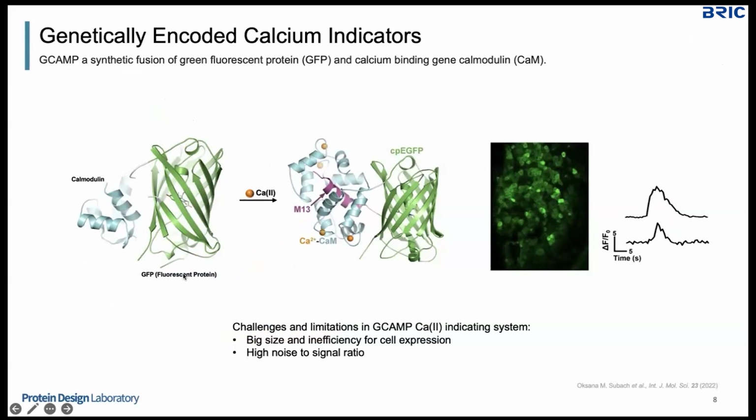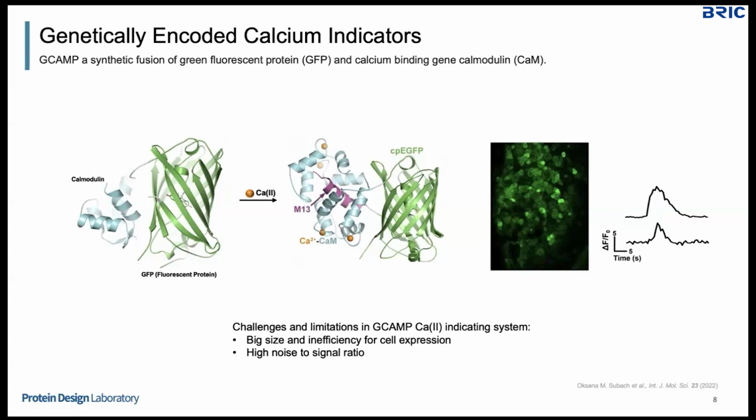As you can see here, before calcium was introduced, the calmodulin didn't have a certain structure. Yet when we introduce calcium, it changes the folding structure of calmodulin, and that change affects the GFP fluorescence activity. So it enhances its light emission, and that can indicate binding with calcium.